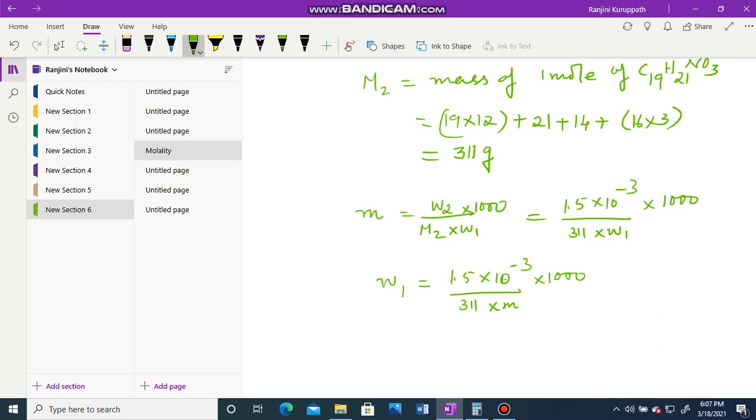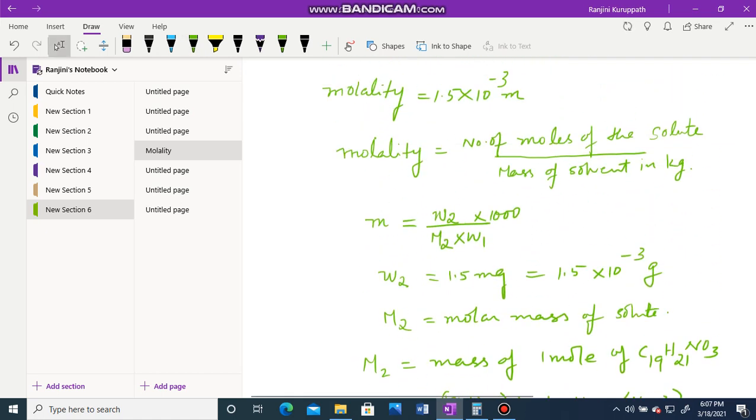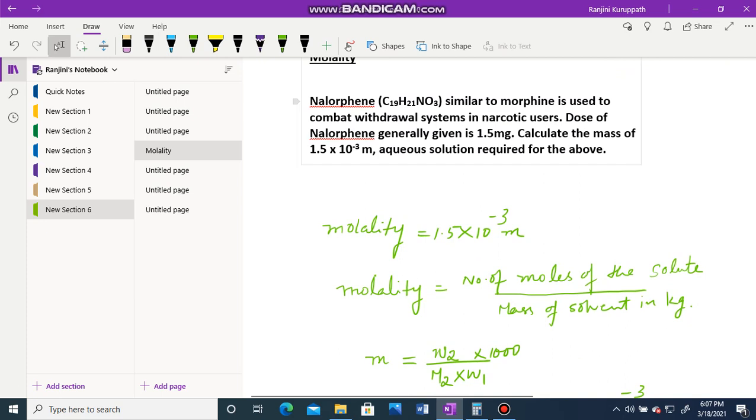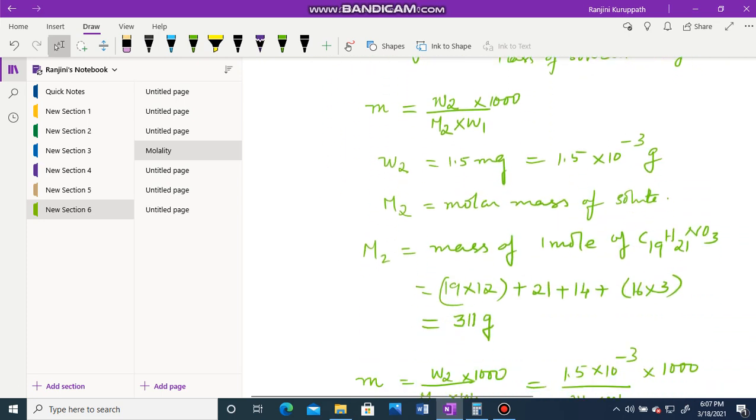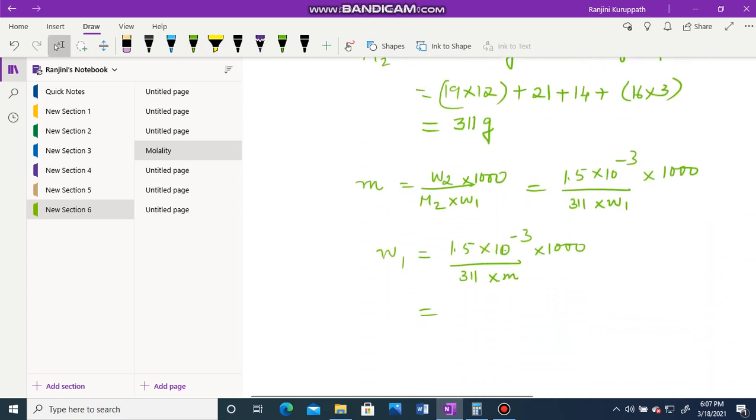Got it? Now molality we know, it is given as 1.5 × 10^-3. So put the value of molality there. Then easily see how it is cutting and going. So 1.5 × 10^-3 divided by 311 into 1.5 × 10^-3, and here 1000.